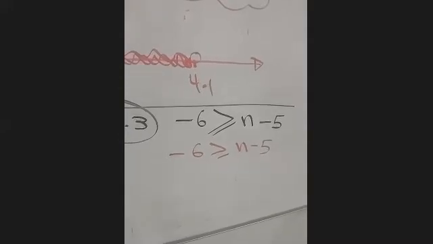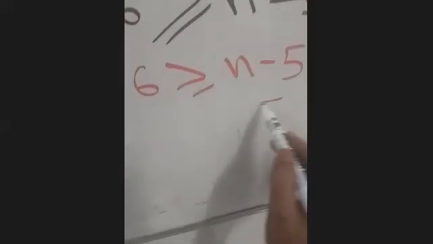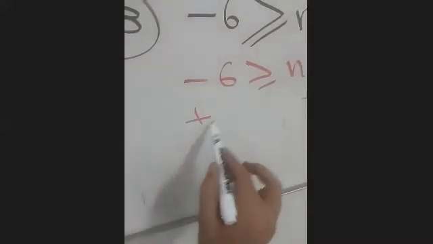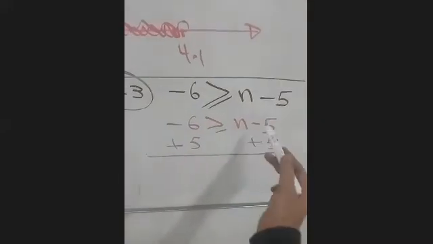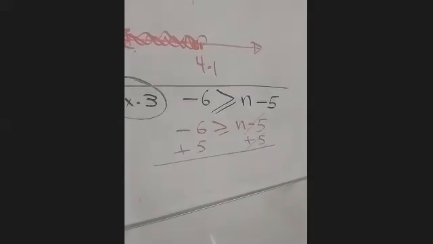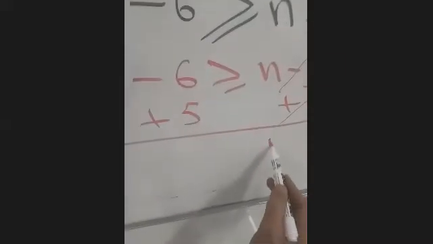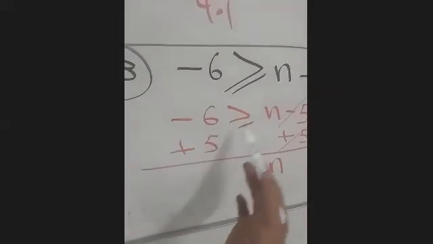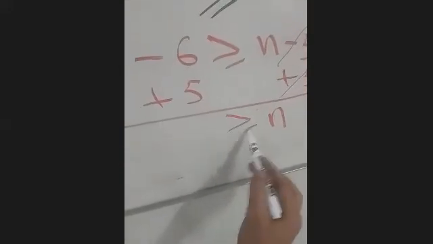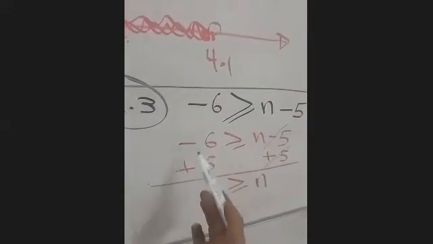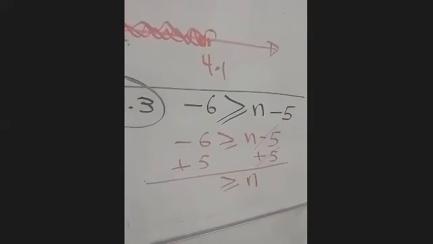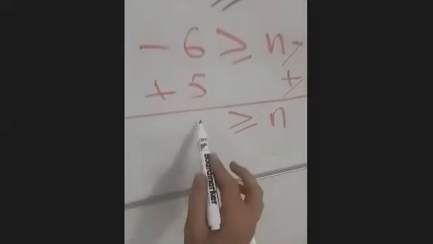We will add 5 on both sides. The minus 5 is gone, with a plus it will be 5, done. It's still n. Less than or equal comes down. Minus 6 plus 5, how much? Minus 1. Excellent.